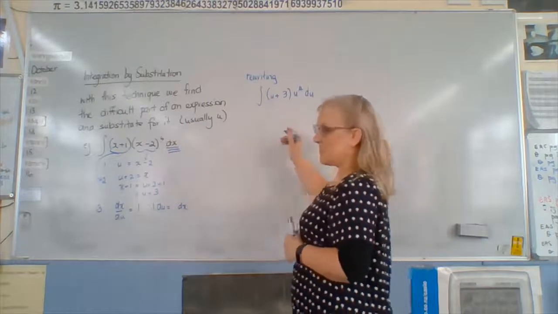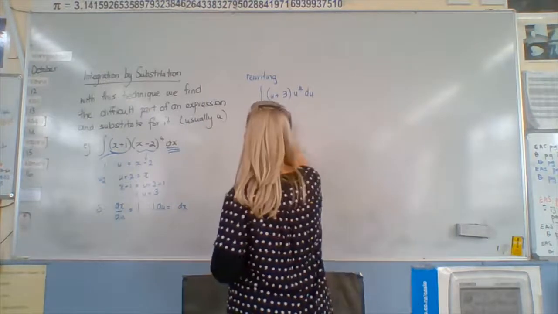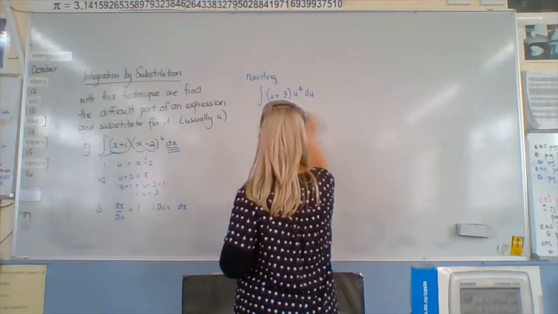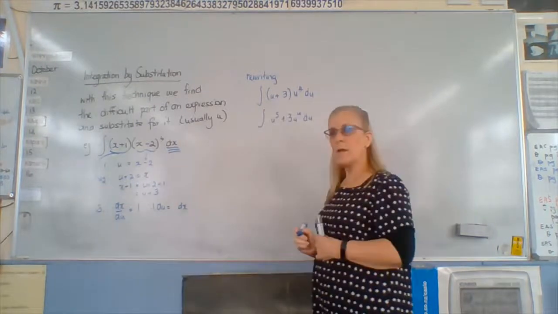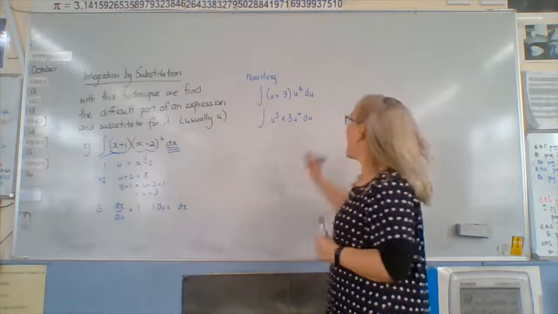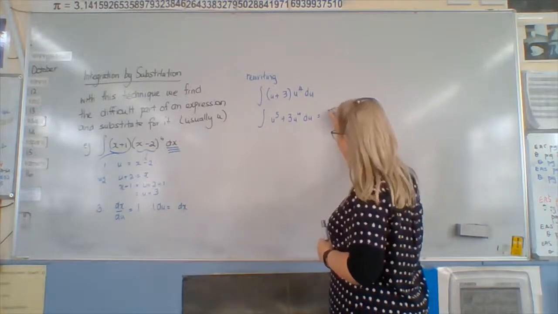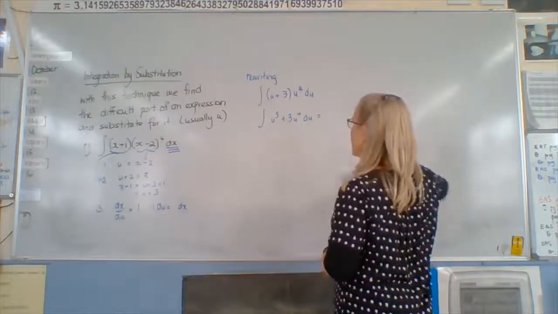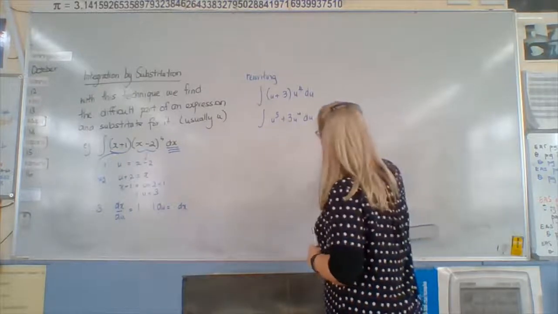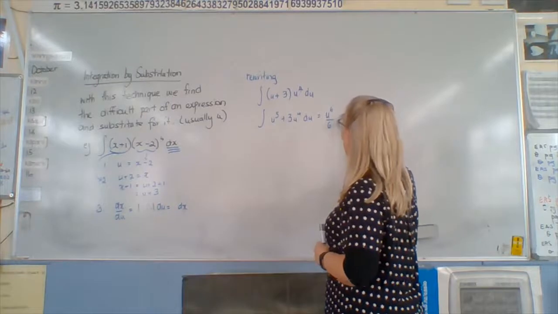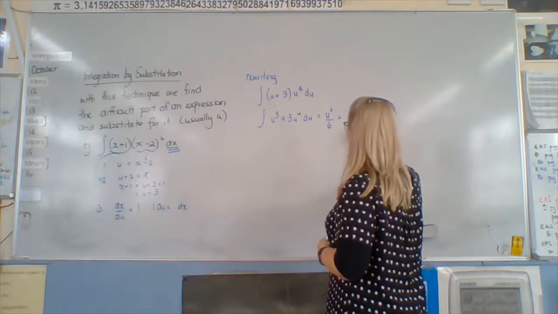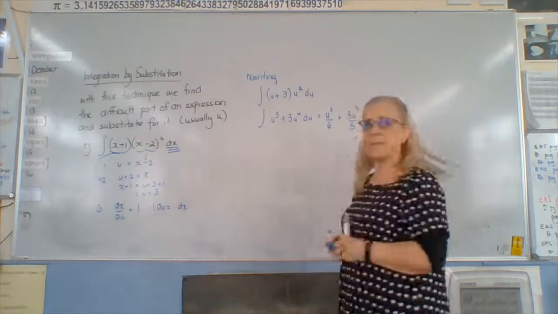Now when we integrate, we have to multiply out, but this is a whole lot easier to multiply out because it gets to be that. Right? And now we go up by one power. We don't differentiate. I've just been doing differentiation with my year 12s. We go u to the power of 6 divided by the new power, 6, plus 3u to the power of 5 divided by the new power, 5, plus c.